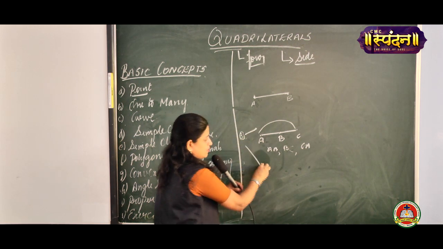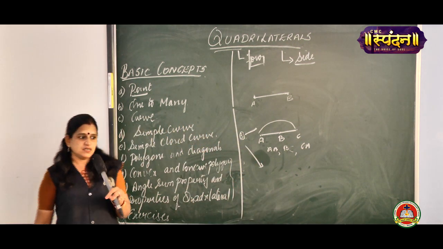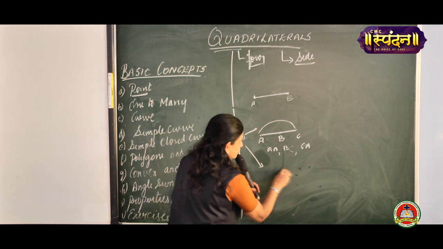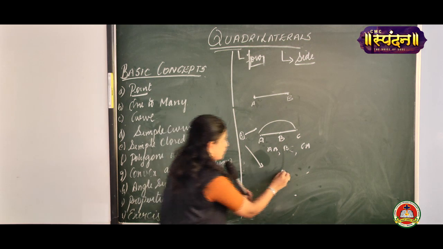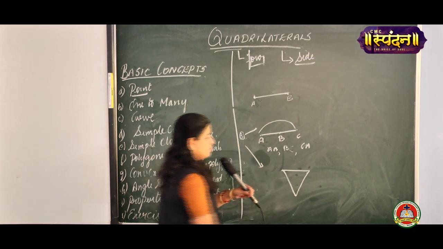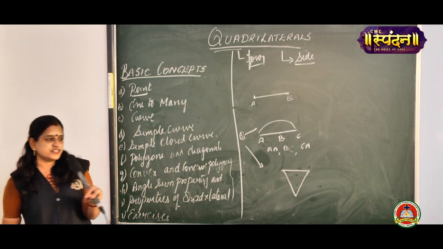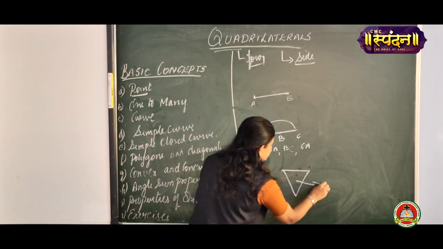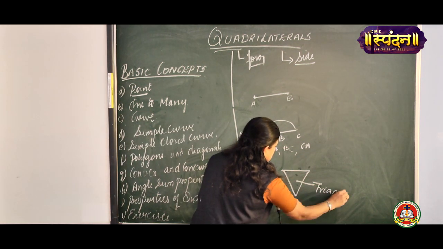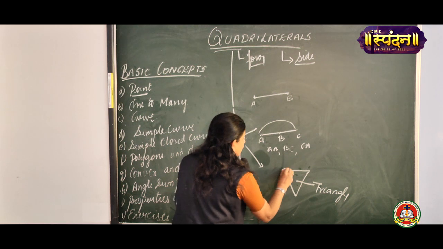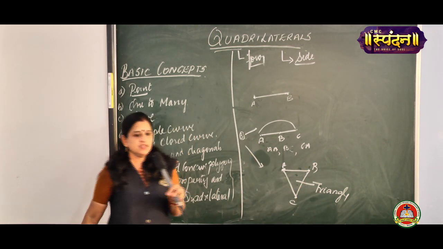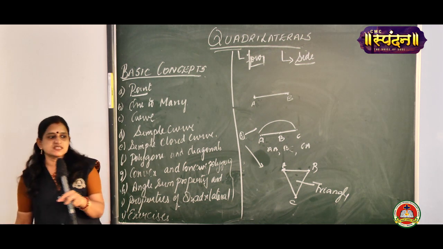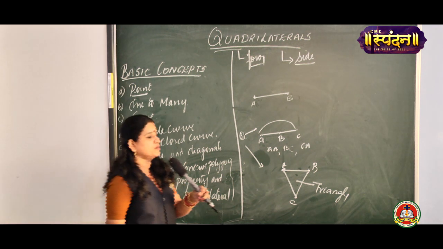What is the second way of representing the 3 points? I can represent these 3 points like this. And if I join these 3 points, what do I get? I get a triangle. So these 3 points A, B and C, you call non-collinear points.